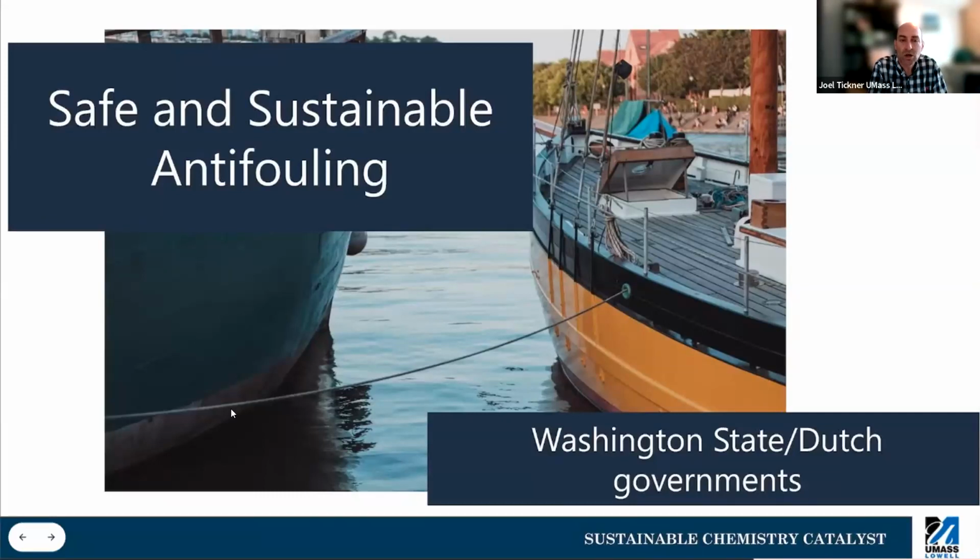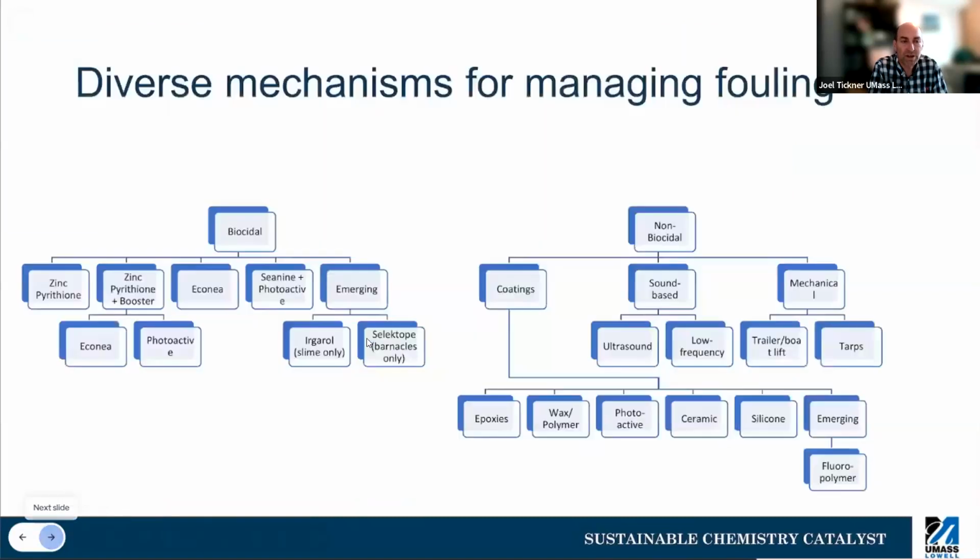Next slide. So taking the functional substitution approach, in both cases, we could say there are diverse mechanisms for managing fouling. We can take a biocidal approach, which is something that kills barnacles, snails, algae, or other buildup.